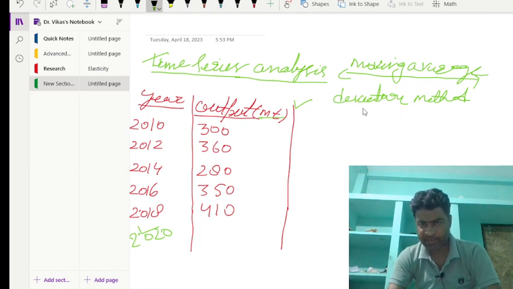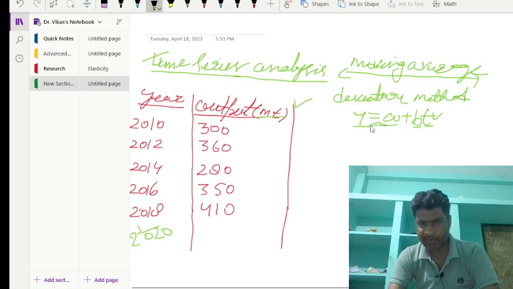For the deviation method, there is a formula I will use. This is the linear formula: y is equal to a plus b t. Here a is the average output, b is the coefficient and t is the deviation time. I will calculate all of these variables one by one. That will help you to understand this formula.